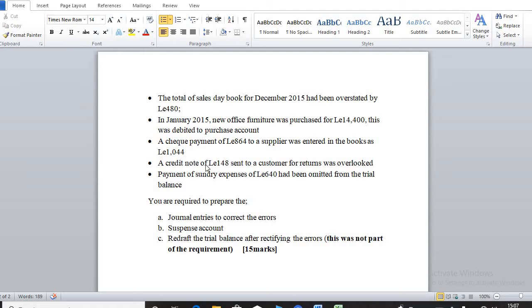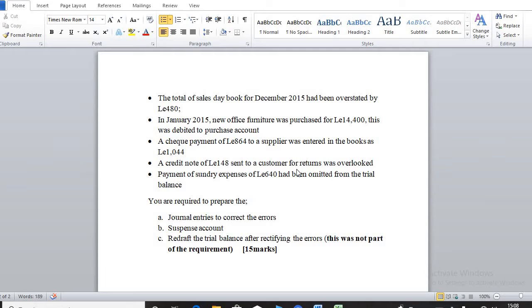Because whenever a customer bought something from us on credit, we have to debit their account. So if we are reducing the amount because of returned products, then you have to credit the account. So the source document for that is what is known as a credit note. A credit note is a note issued to a customer by a business, telling him or her that his account has been credited for returning a product to the business.